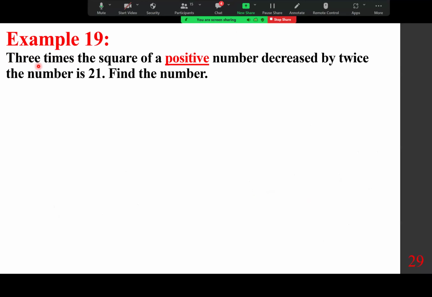Example 19. 3 times the square of a positive number, and the key is positive, decreased by twice the number is 21. Find the number. So first and foremost, what is the number? We choose a variable. Let it be x, y, z, n, your choice. 3 times the square of a positive number, so 3x squared.